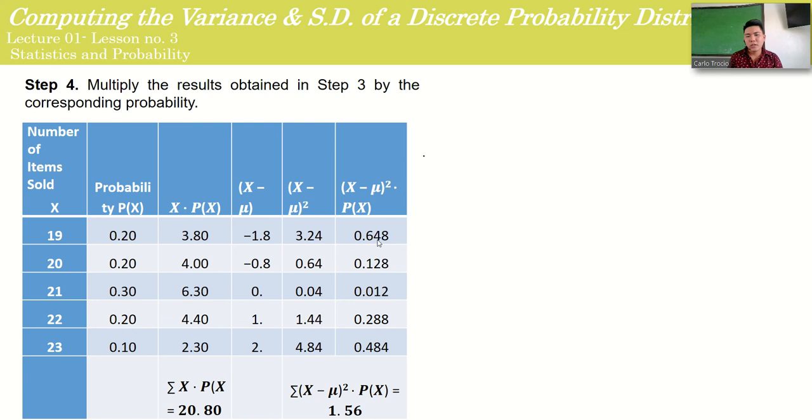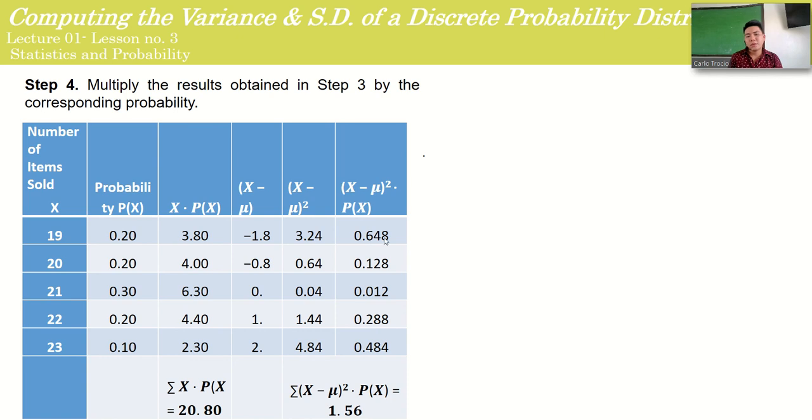0.648. You're going to do it again here. 0.64 times 0.20, that is 0.128, and so on. And then you are going to sum it. When you have this notation, this is a sum notation, you are going to sum or add all here.